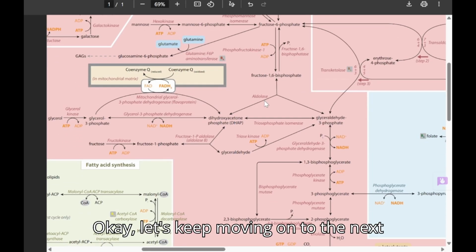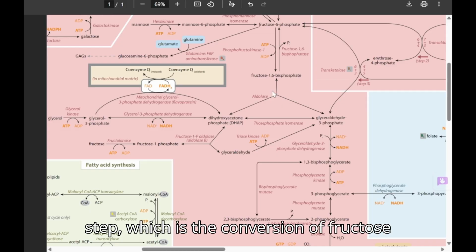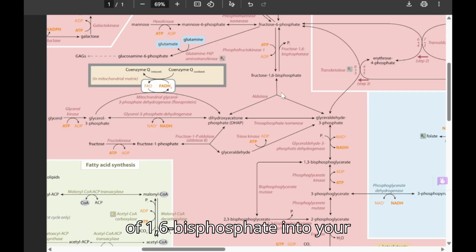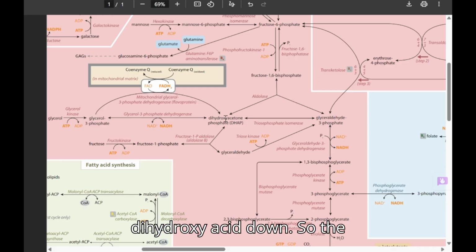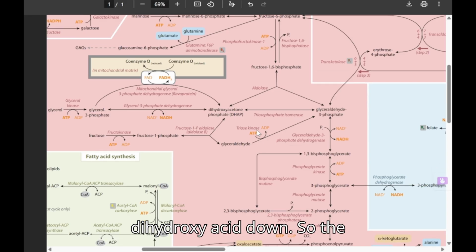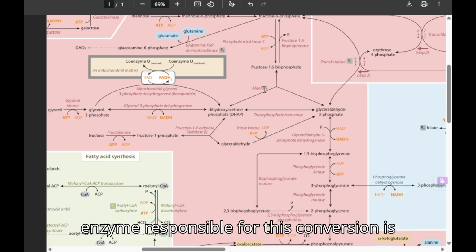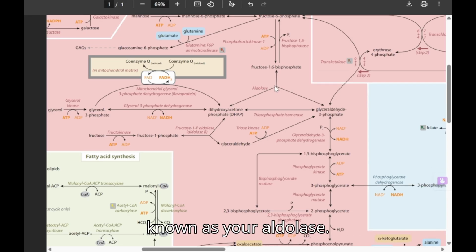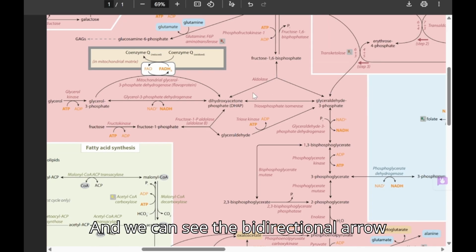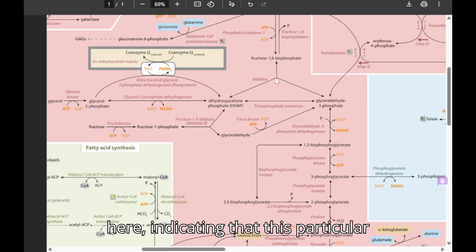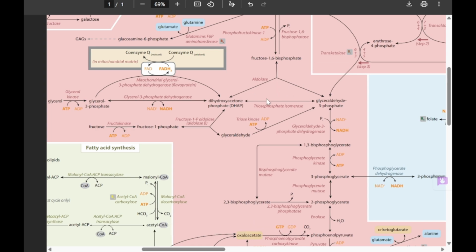Okay, let's keep moving on to the next step, which is the conversion of fructose 1,6-bisphosphate into glyceraldehyde 3-phosphate or dihydroxyacetone phosphate. The enzyme responsible for this conversion is aldolase. And we can see the bidirectional arrow here indicating that this particular step is reversible.